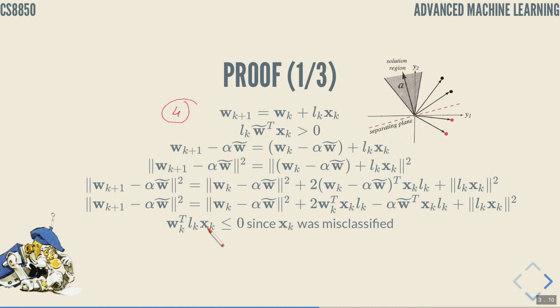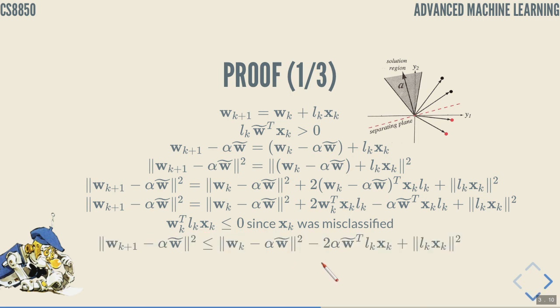So because x_k was misclassified, we know that this holds. So it's less than or equal to 0. This expression is less than or equal to 0.